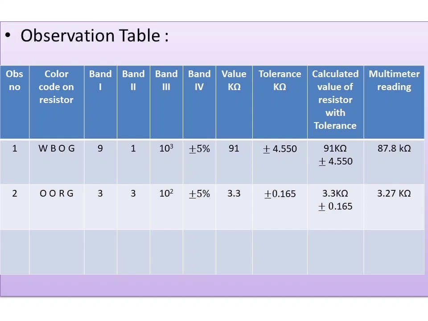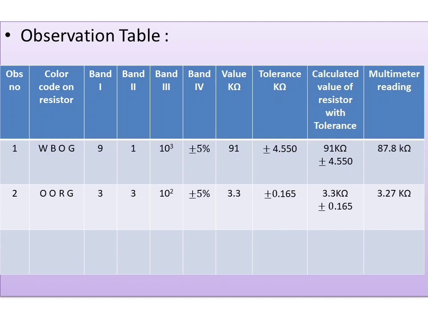In the second observation, the color code on the second resistor is orange, orange, red and golden. The value of the orange band is 3, the second band is also orange, so it is 3, the third band is red, which is the multiplier, 10 to the power 2, and band 4 is golden, so it is tolerance, plus minus 5%.